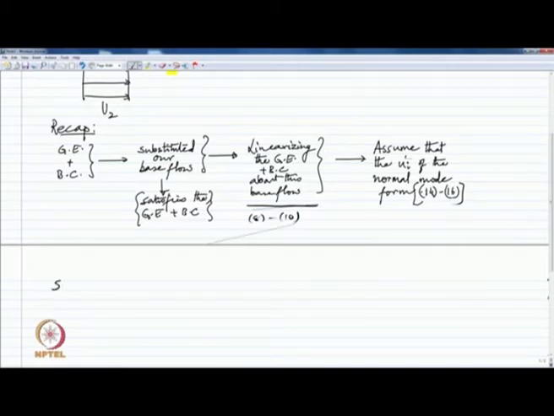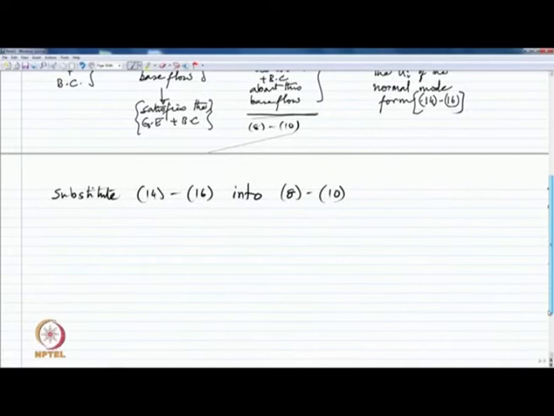So, we begin our solution process by substituting.